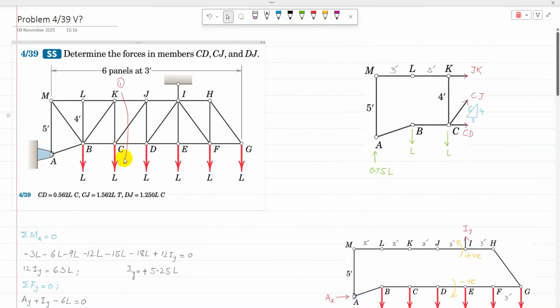The next one, I need to find DJ. To find DJ, there are two possibilities. Either I pass a cut here, or otherwise I can just select joint J, because at joint J I now have JK known and CJ known. At joint J, I can use the method of joints to find DJ.